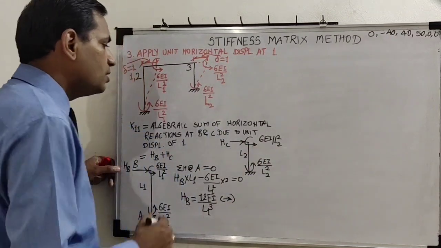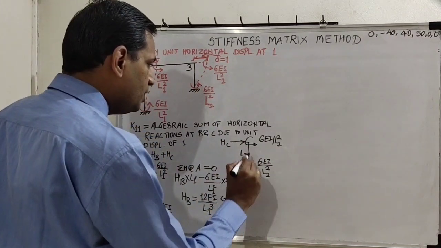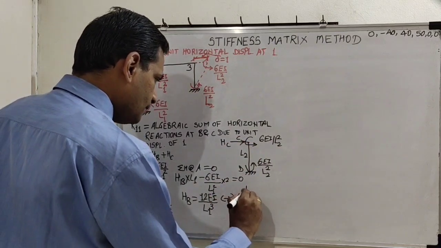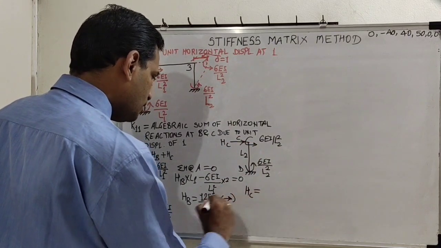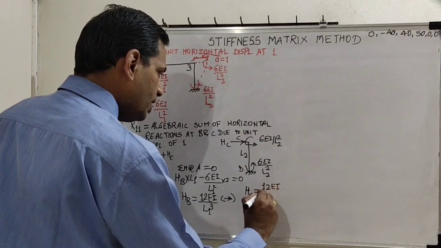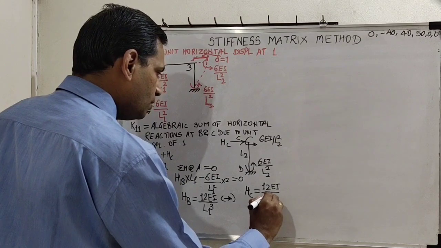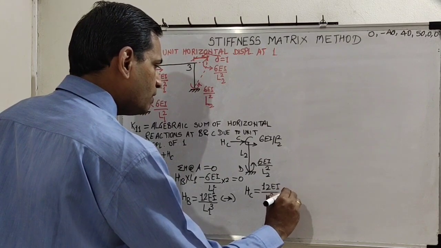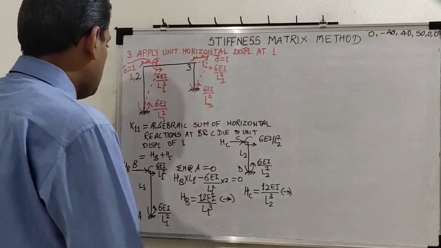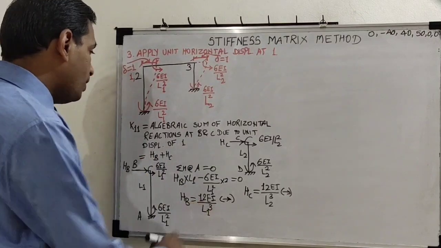If I take summation of moment about D, I will again get HC, same, 12EI upon L2 cube. L2 stands for height of column CD. So this will be my K11.